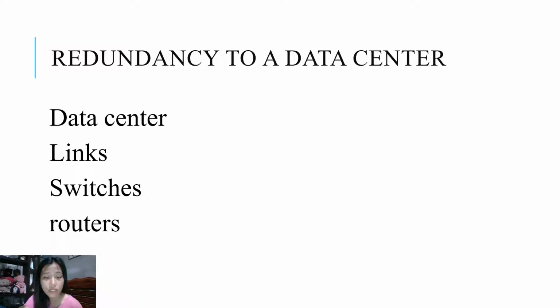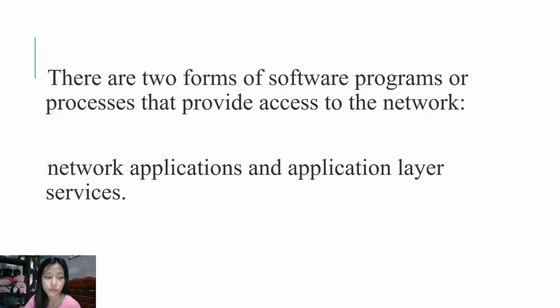For the switches, redundant switches are present to avoid a switching failure. For the last one, the router: router redundancy can help ensure that application transactions received from external traffic can be handled in the event of a router or route failure.